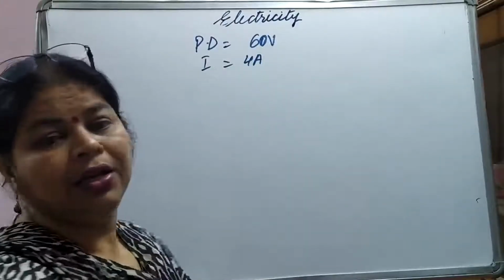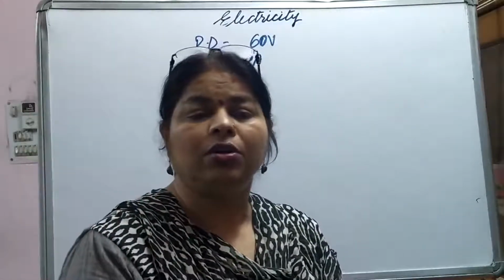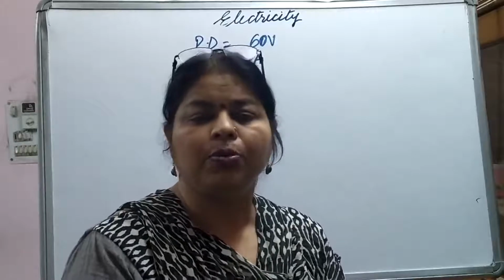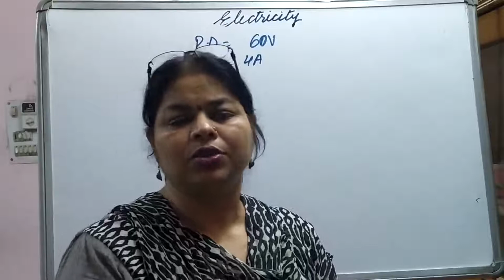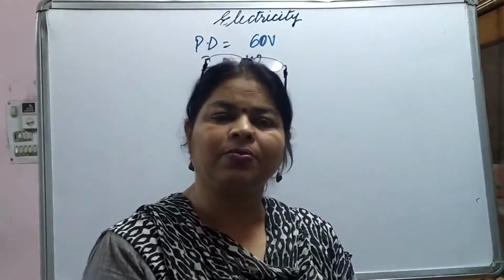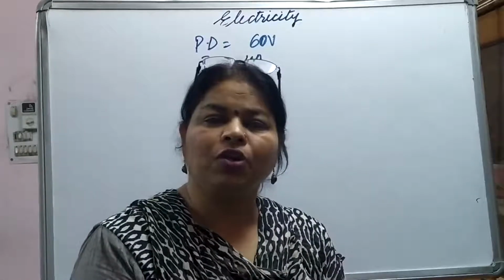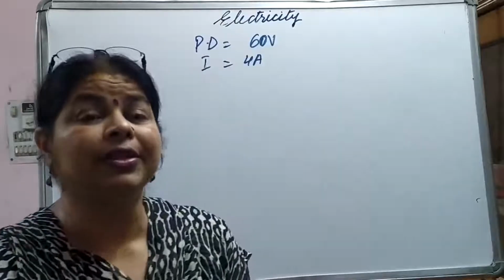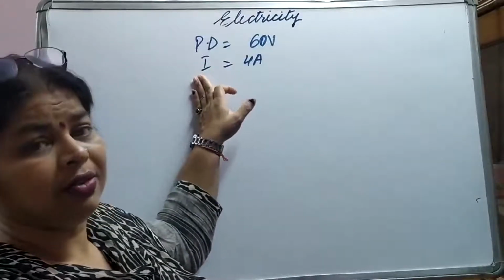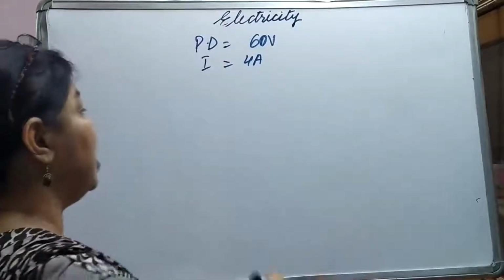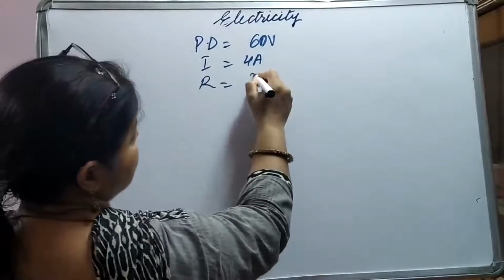Then what current will the heater draw if the potential difference is increased to 120 volts? So again we have two cases over here. First we are going to find out resistance, because potential difference is given and current is given. Okay, so what is R in first case?